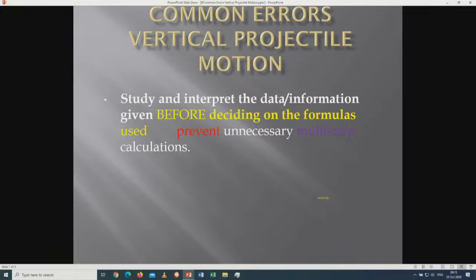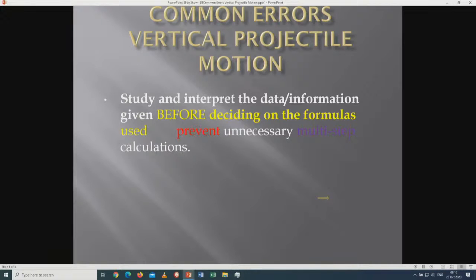Now, the next question is, all that they can ask you is some scenario given to you, an object being thrown from the top of a building, falling down, or if they want to make it more difficult, maybe one object thrown from the top of the building and simultaneously a second object is released from the top of a building. What I'm asking you is please to understand the problem, the scenario. Understand what precisely is happening.